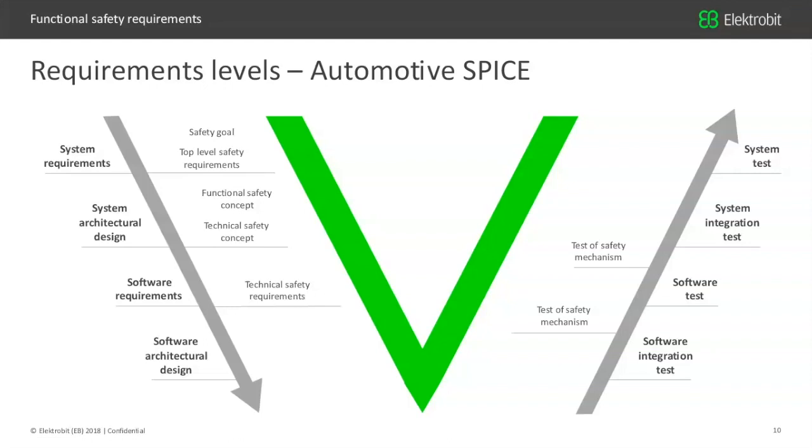On the verification side then, upwards the V on the right side, there's also not much special, but you need to verify your safety mechanisms on the different levels, on the software level, on the system level, where you can determine if your functional safety measures are actually working.